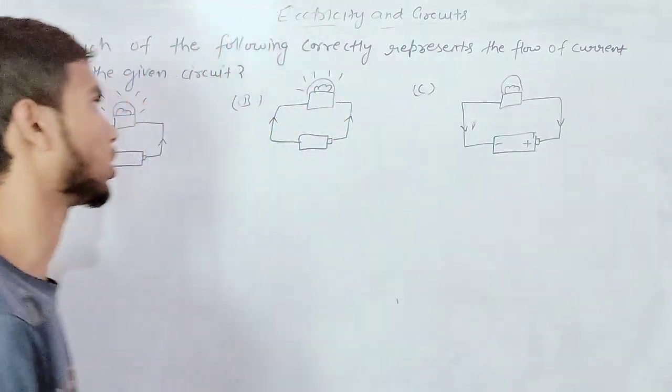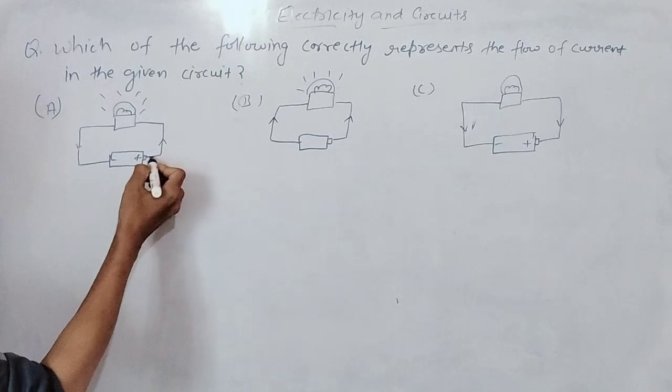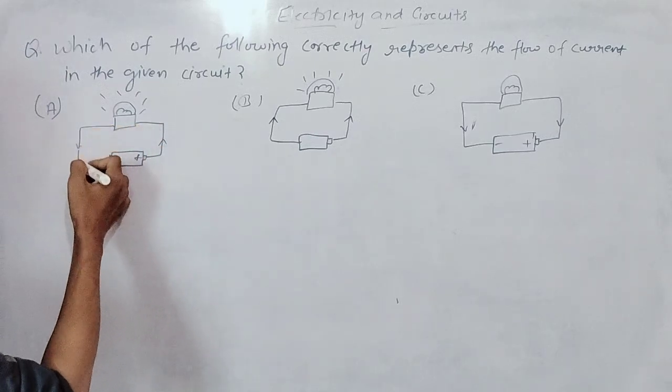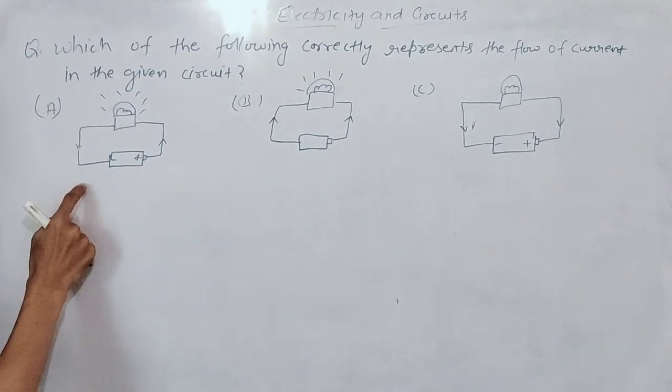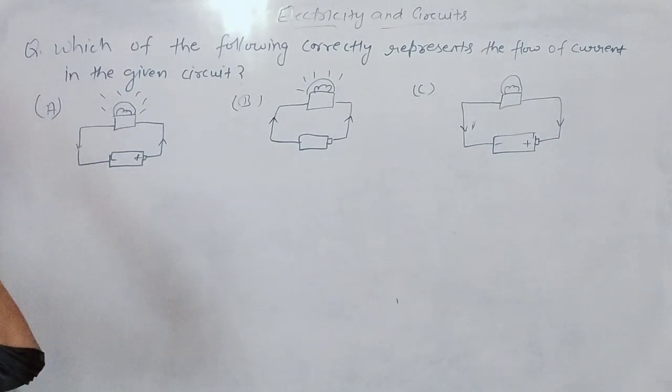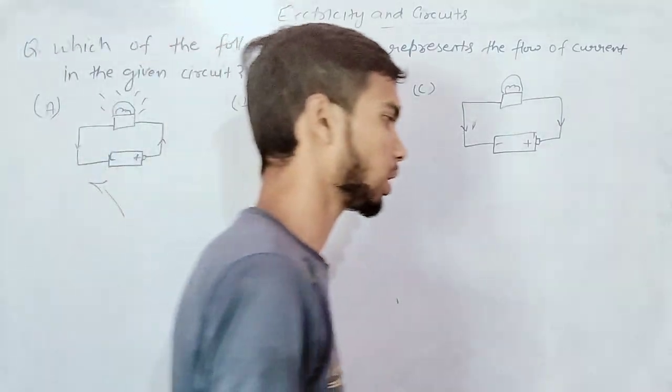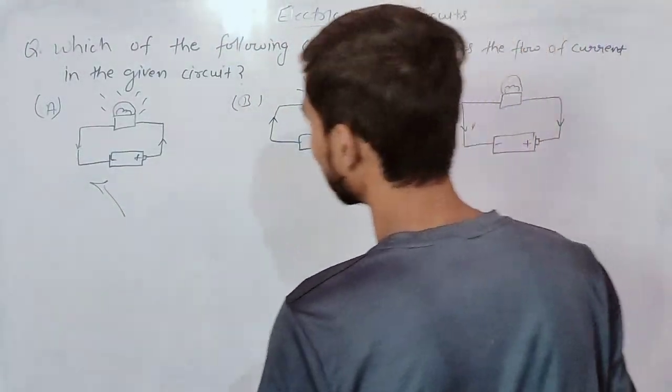Here you can see this is positive, negative. It is starting from the positive terminal like that. So yes, the bulb is glowing. It is correct. So current is flowing in the correct direction, in the right direction.